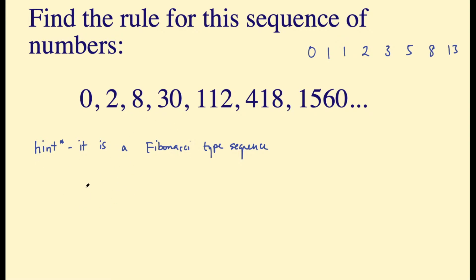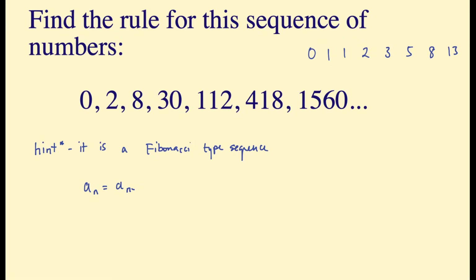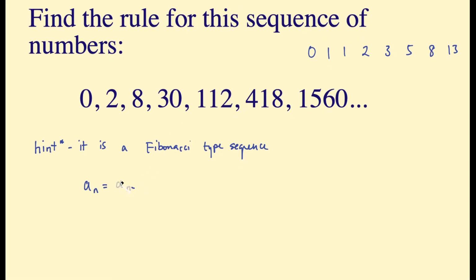So the rule here, if you wanted to find the next term a sub n, you would write this as 4a sub n minus 1, minus a sub n minus 2. So that's how you might write it.